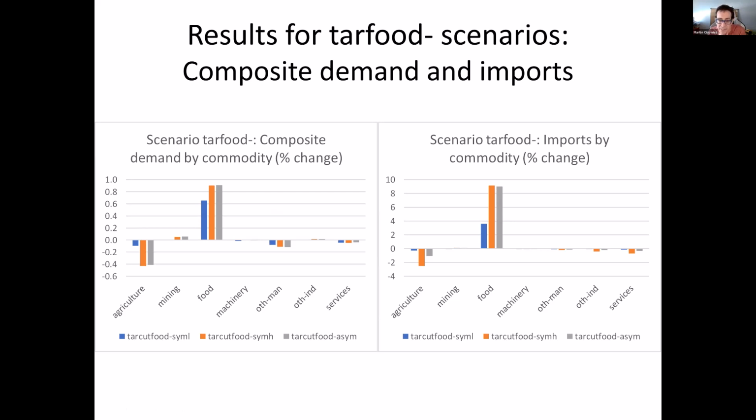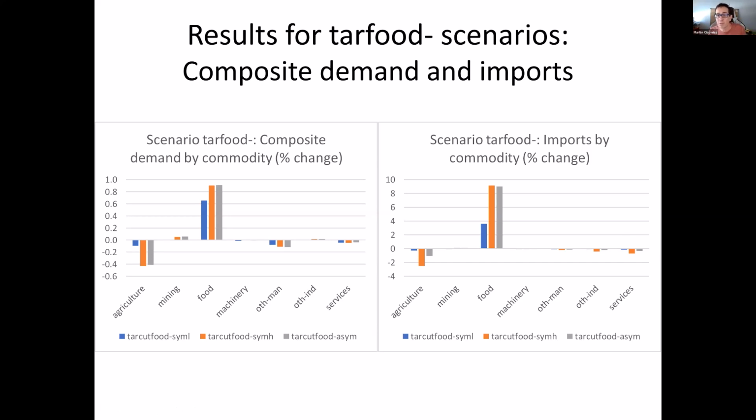And what is interesting here is that when we compare the symmetric case with the high elasticity, which is the orange one, with the asymmetric case, which is the gray line, we see that the decrease in imports of non-food products is higher for the symmetric case, because we are using a high elasticity here in the orange one. Okay? So for the asymmetric case, the elasticity that is being used for the non-food products is the low one. So the decrease in imports is smaller.